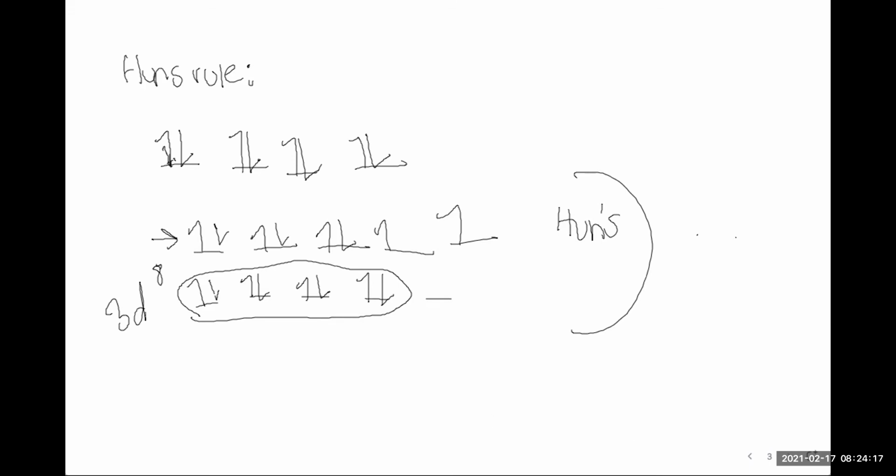And on the test, they may ask which one follows Hund's rule and which one doesn't. Yeah, A follows it, but B does not. Right, that's correct.